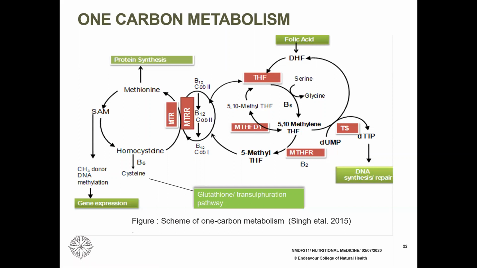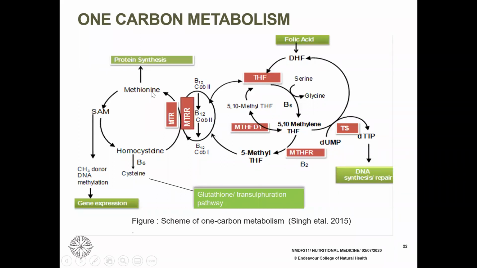But how do we know that this pathway is disturbed? One of the main parameters that we can measure to know that this pathway is not working properly is when people have high homocysteine in their blood. So homocysteine is actually an intermediary compound.